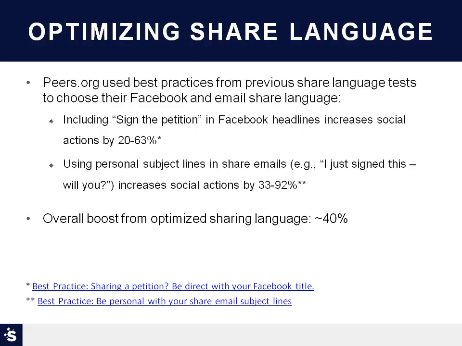Another one was when they had people send an email to their friends, they recommended a personal subject line in that email, something like "I just signed this, will you?" And being more personal, through past analyses, we've also found gets people to respond more than if you use something very generic like "Save Airbnb." And so that can make a big difference in how likely people are to click back and check out your petition page and maybe add their name.